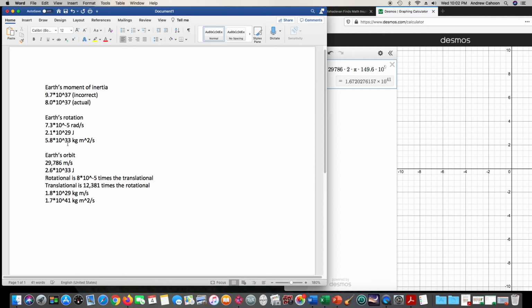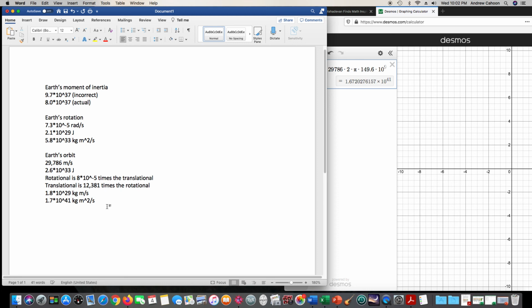And that we can compare. So this is how much angular momentum it has spinning on its axis. This is how much angular momentum it has going around in its orbit of the sun, because it's essentially rotating in two senses, spinning on its axis and orbiting around the sun.